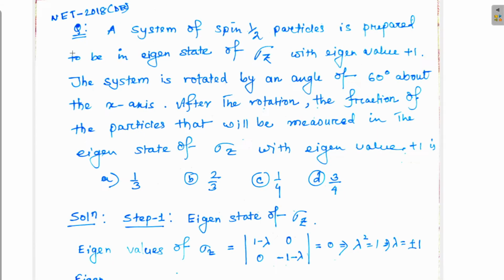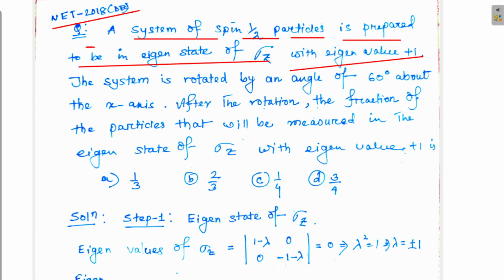So now let's discuss a problem from a previous year NET exam, which was asked in December 2018. Okay, the question is: a system of spin-half particles is prepared in the eigenstate of sigma z with eigenvalue +1. The system is then rotated by an angle of 60 degrees about the x-axis.